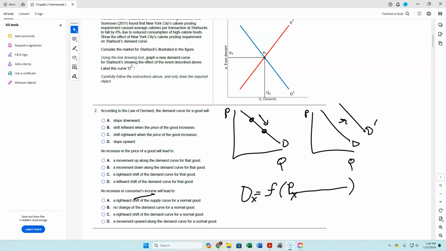But to remind ourselves here, we'd be saying that we have an increase in the quantity demanded, and here we have an increase in demand. Okay.